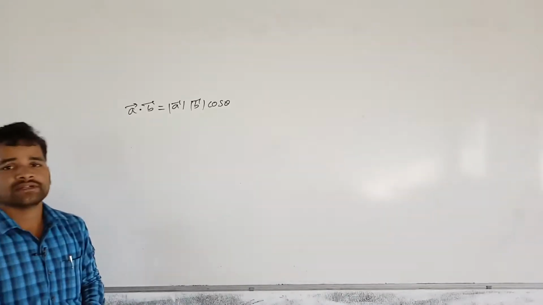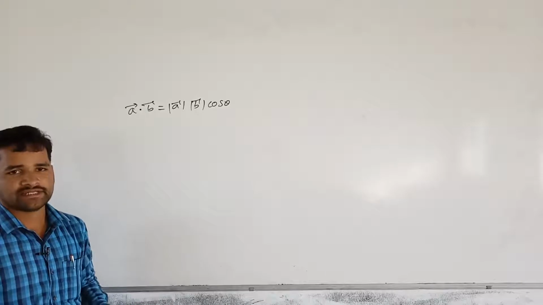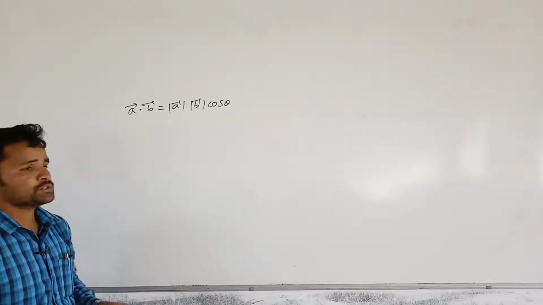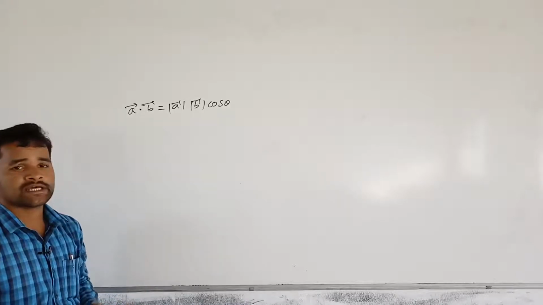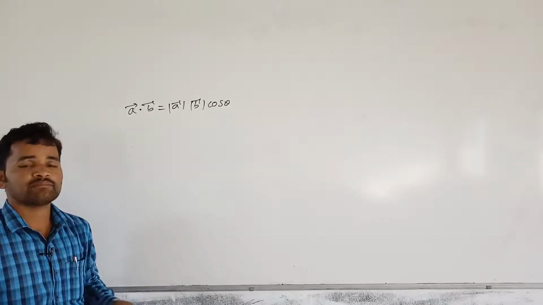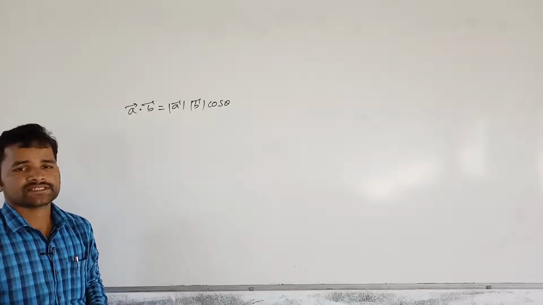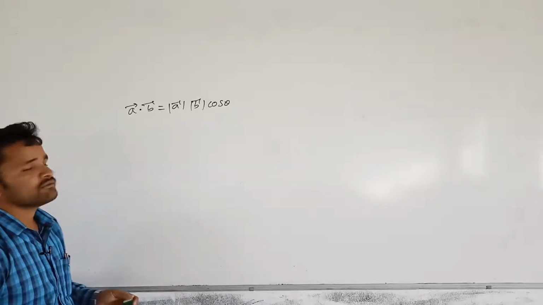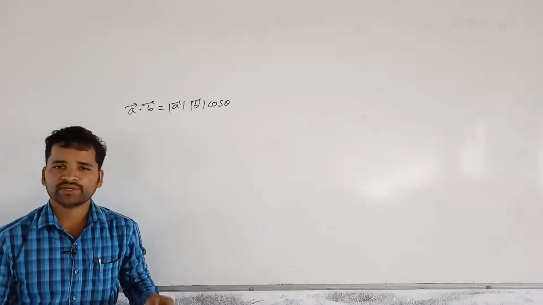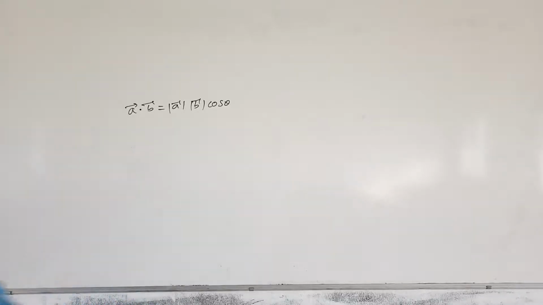This one you should use when the vectors are given directly, like 2 times vector A, 3 times vector B, like that. Suppose the vectors are given in component form, meaning i plus 2j plus 3k, like that. Then what happens to A dot B? We are going to derive it.